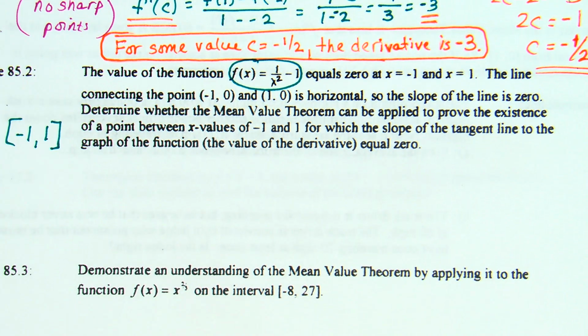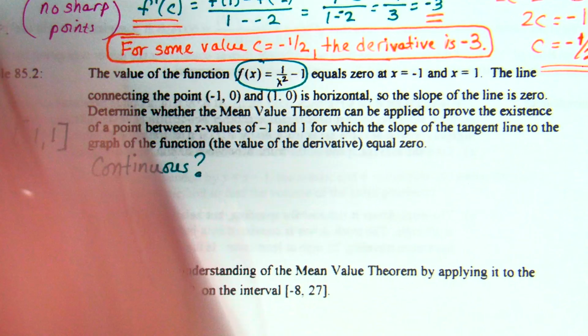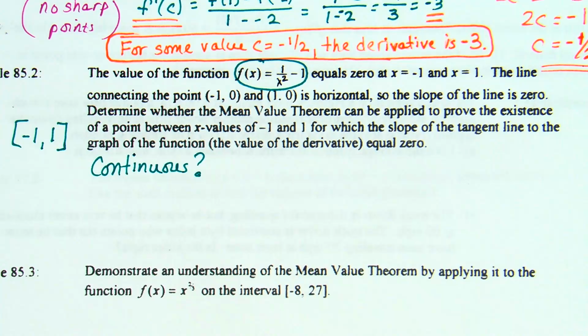Is it continuous from -1 to 1? On the interval -1 to 1, it does include 0. Does 0 work in this equation? No. x cannot equal 0. If we were to graph this, I believe there would be an asymptote at x equals 0.